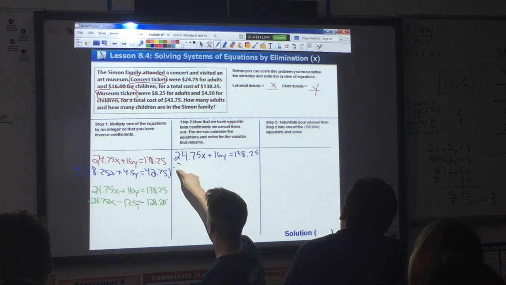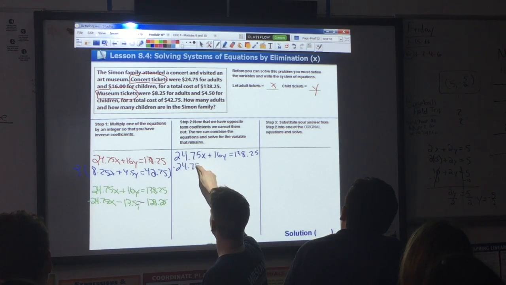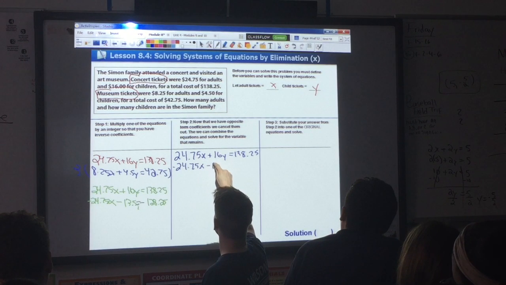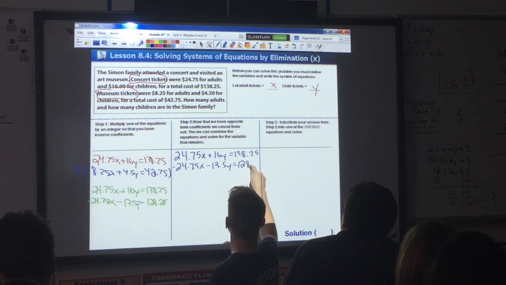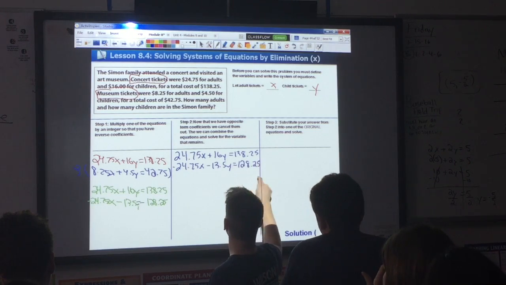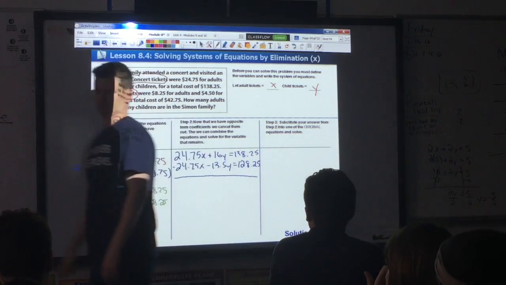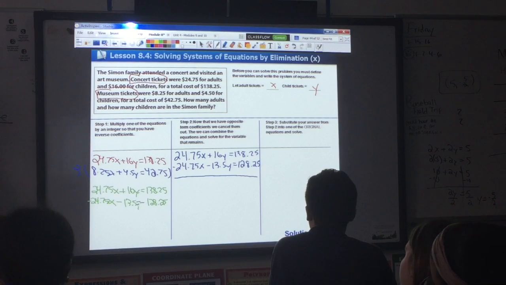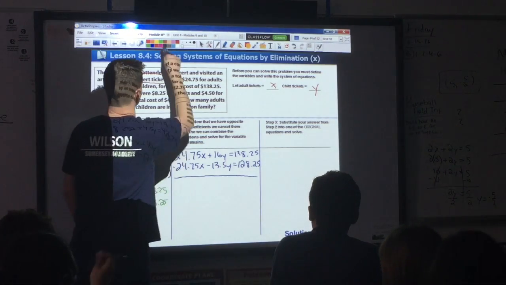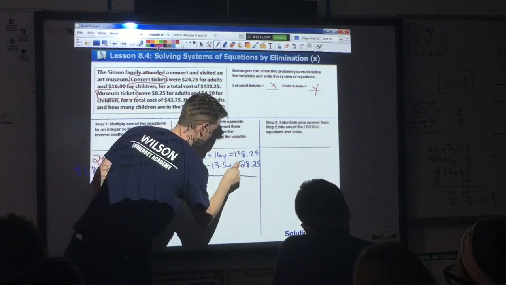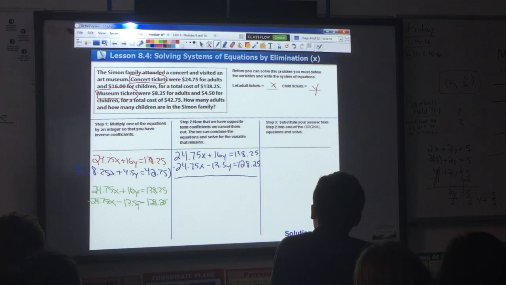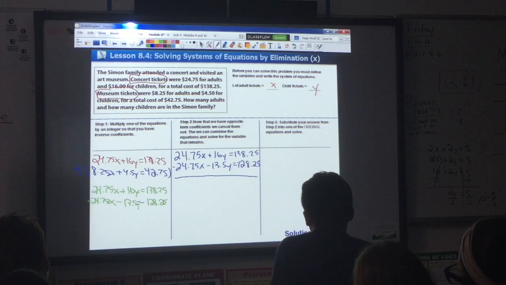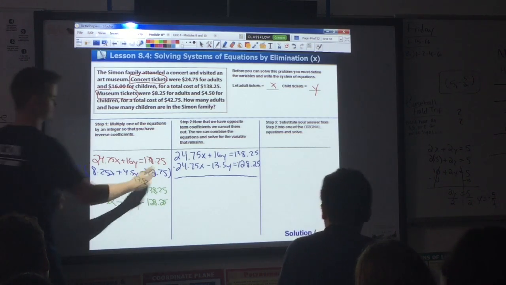On the bottom we have a negative 24.75x minus 13.5y is equal to negative 128.25. Rewrite that for me. Negative, there we go. Someone's watching. Negative 128.25. Okay, so we go in and we eliminate the x's.